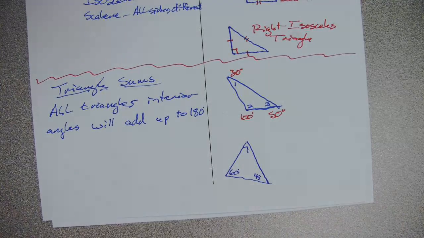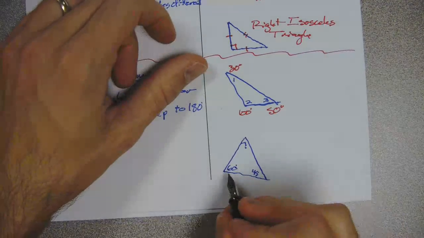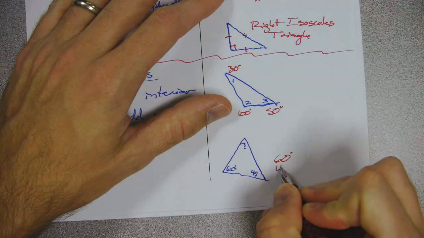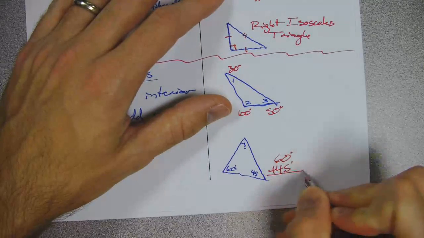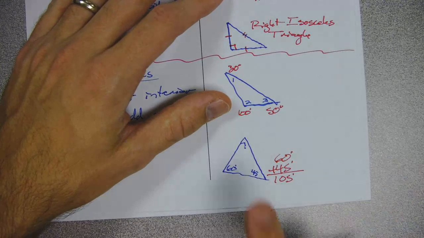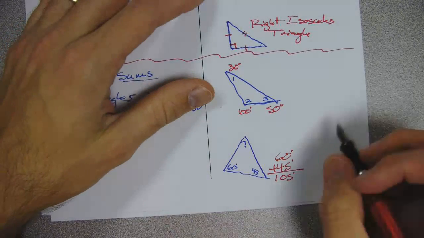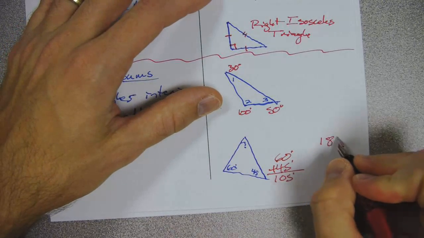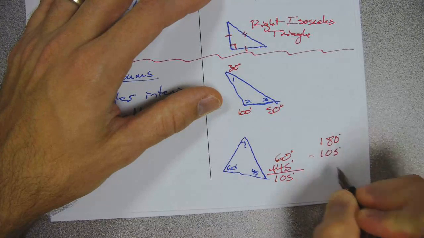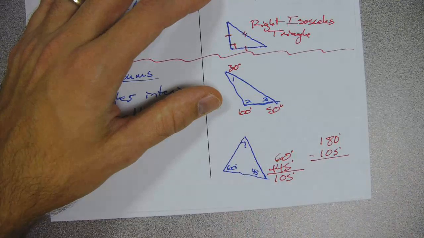All right, well, the first thing I'm going to want to do is add the two angles that I know together. So in this case, 60 degrees added to 45 degrees is 105 degrees. Well, remember, we got 180 total. So if I take 180 and subtract the 105 I already know, that'll help me find what I don't know.